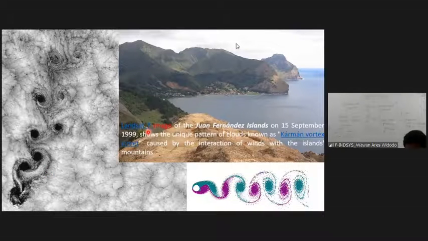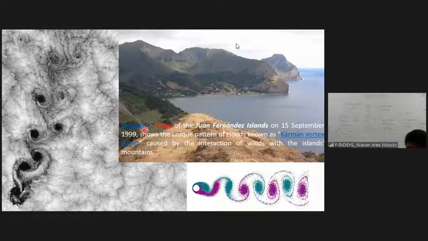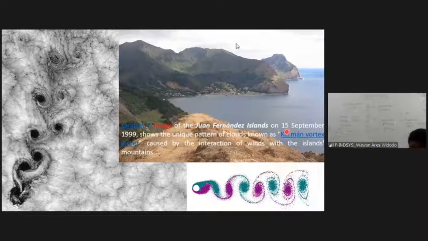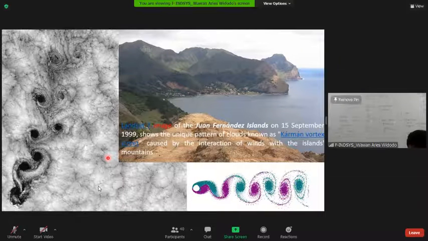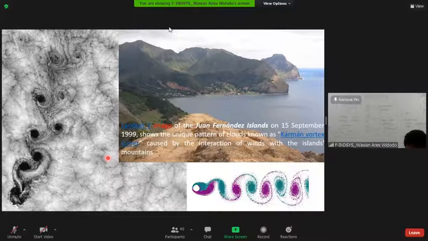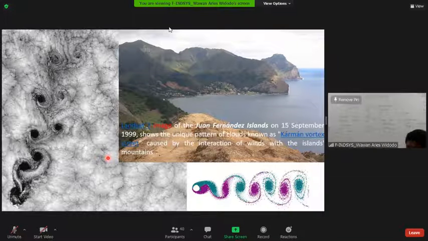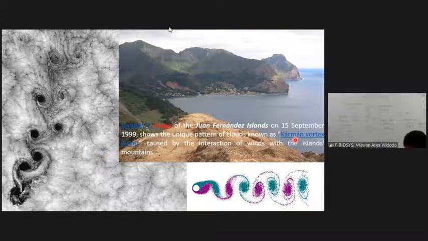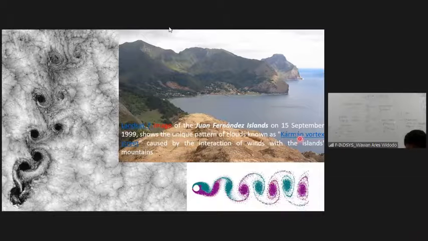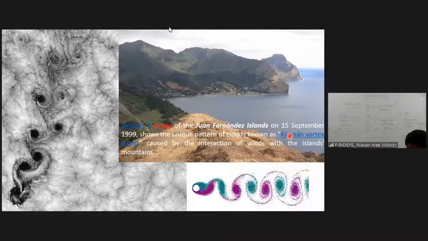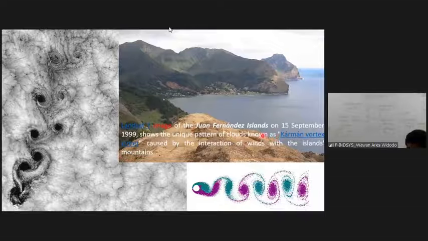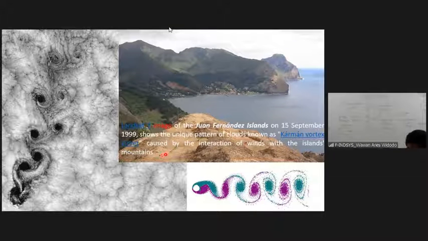This image was created from a Landsat 7 photograph on 11 September 1999. You can see here the Karman vortex street. Von Karman is the name of the scientist from Germany who found the Karman vortex street.